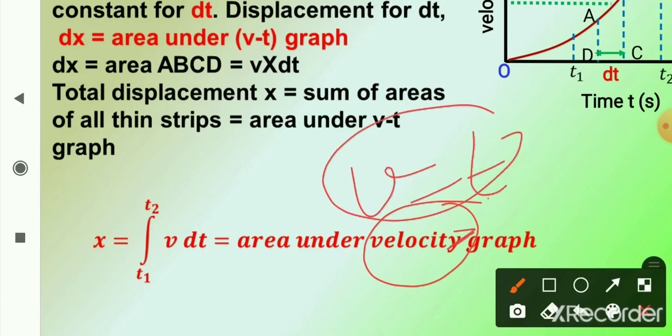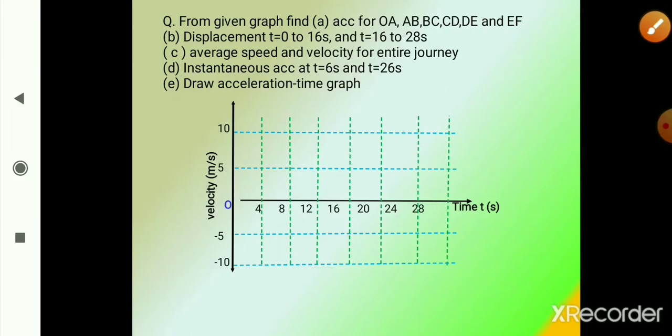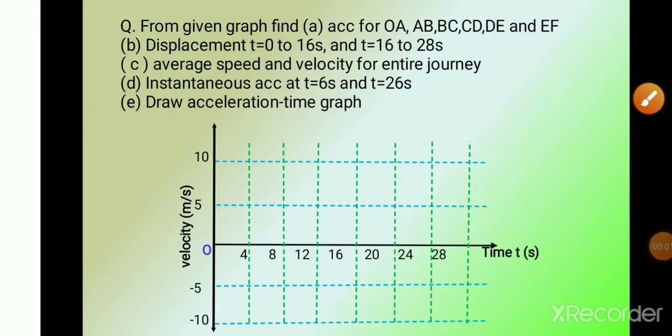Sorry, यहाँ पे time is missing here. Area under velocity time graph, VT graph. Okay, and now let us solve a numerical problem based on this VT graph.